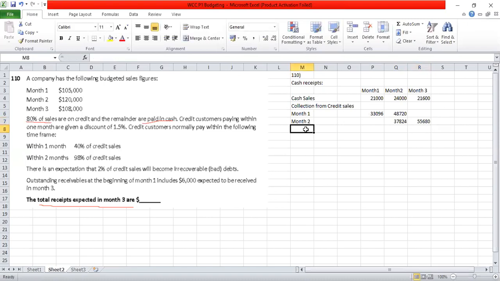Coming to month 3, 20% in the same month as cash sales.